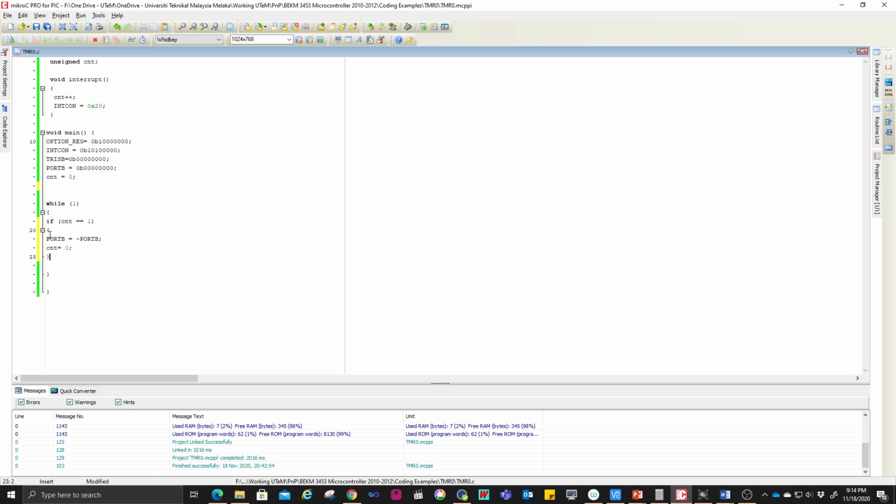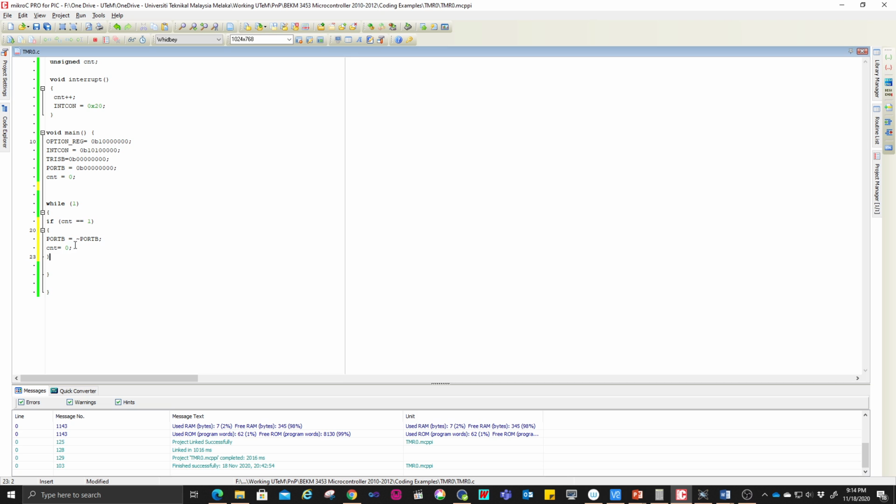So look at the code here. The syntax says, if count is equivalent to 1, then my port B will be inverted, whatever the latest value is will be inverted here, and then this command resets the count back.